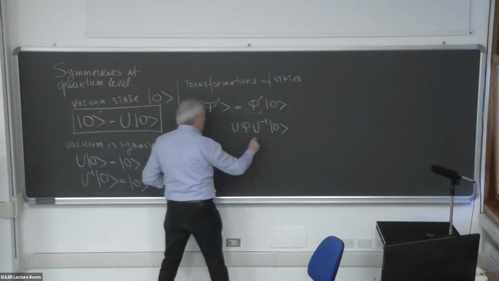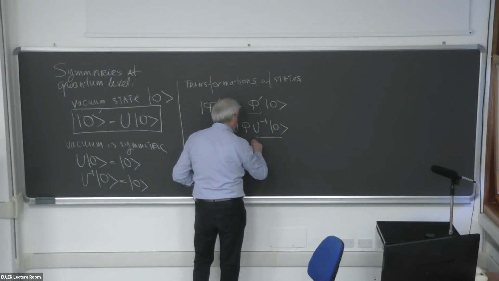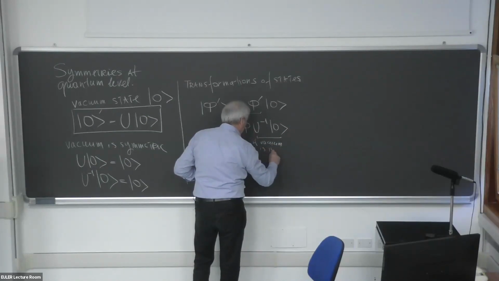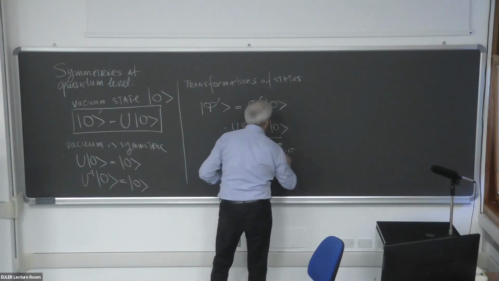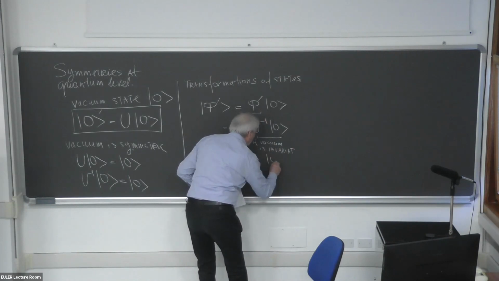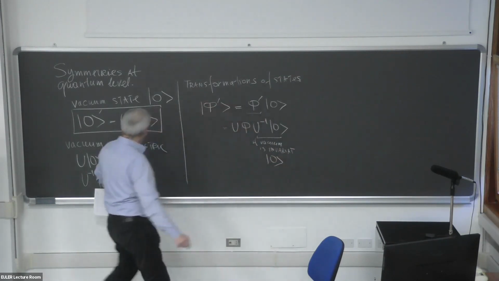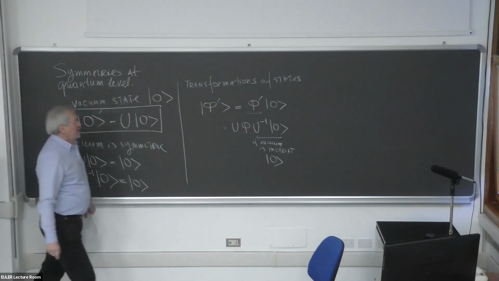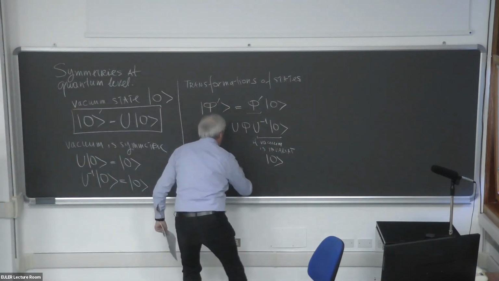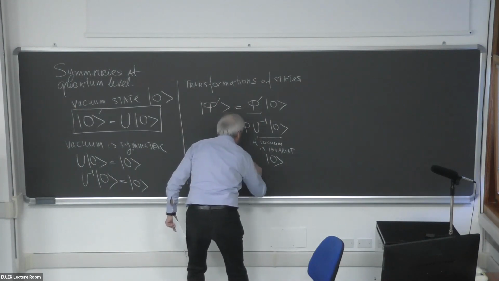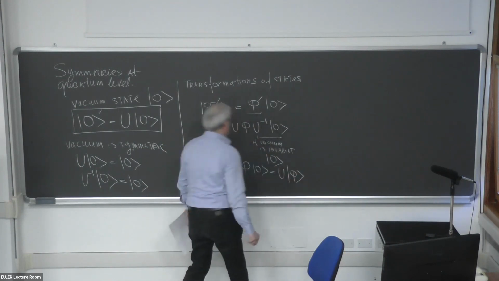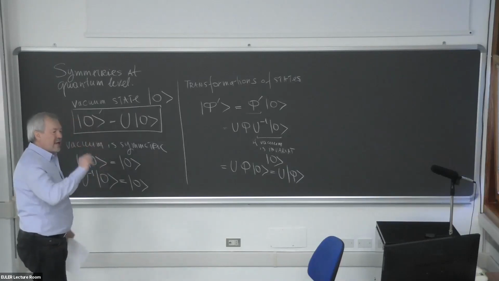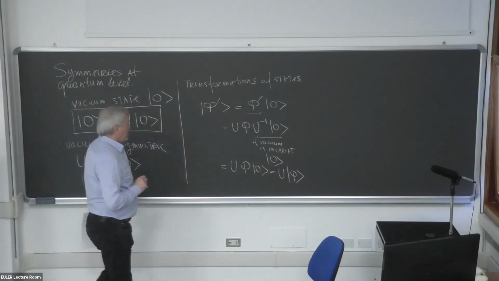Now, if vacuum is invariant, then this is nothing but the vacuum state, right? According to this rule. And then we can continue this line. We will get U F vacuum, and that will be given by U F. I omit the dagger indicating that this is a creation operator.